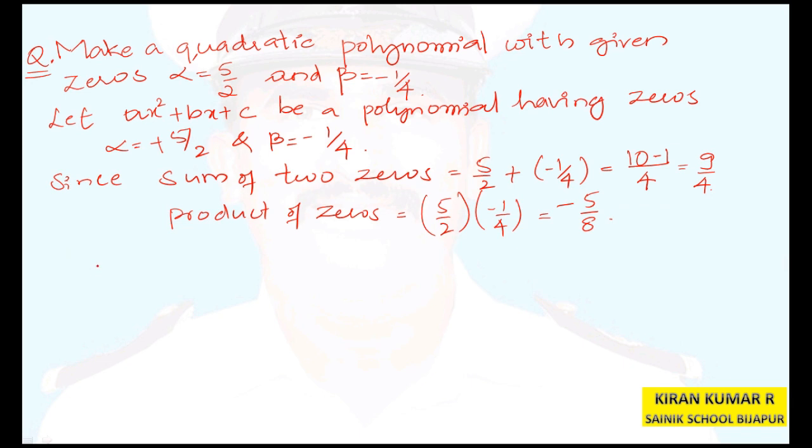Generally, we express it like this: ax square plus bx plus c as some k times x square minus the sum of the zeros multiplied to x plus the product of zeros, which is minus 5 by 8.